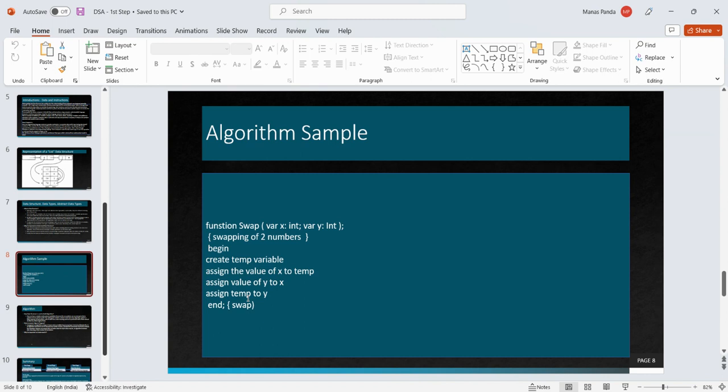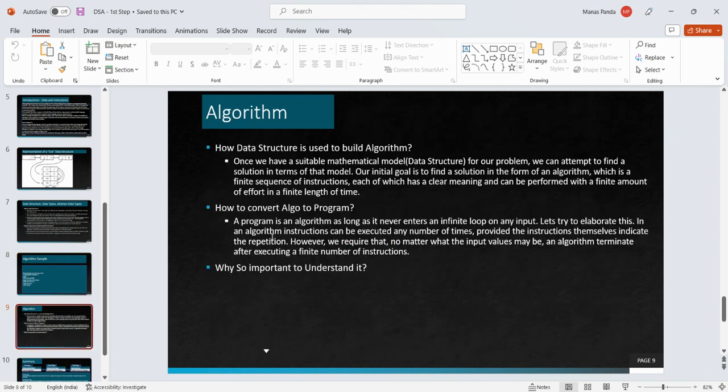That is what we will be creating from algorithm to program, which I have mentioned here: the program is the algorithm as long as it never enters an infinite loop on any input. To elaborate, in an algorithm, an instruction can be executed any number of times, provided the instructions themselves indicate the repetition. However, we require that no matter what the input value may be, an algorithm terminates after executing a finite number of instructions.